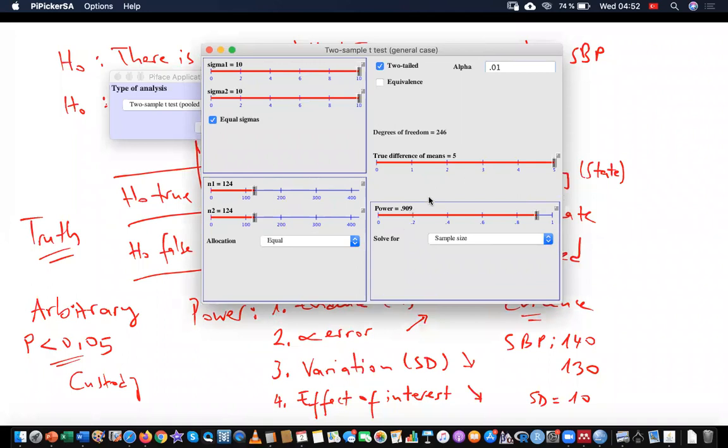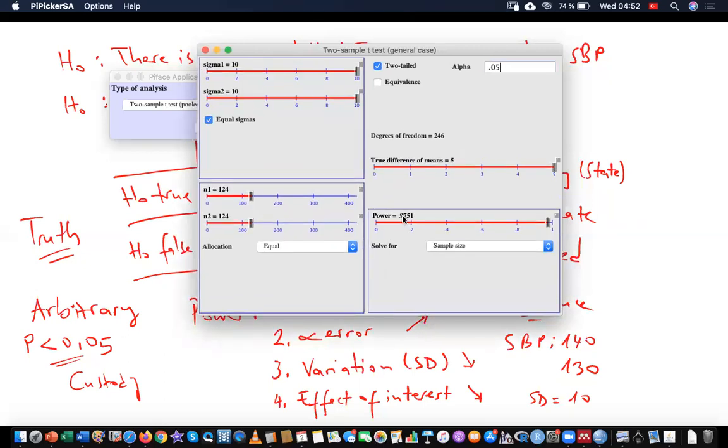It has decreased. When I decrease the alpha error, I decrease the power. If I make it instead of 1%, 5%, I have 97% power to conduct this.